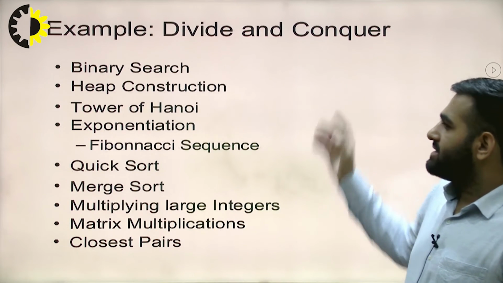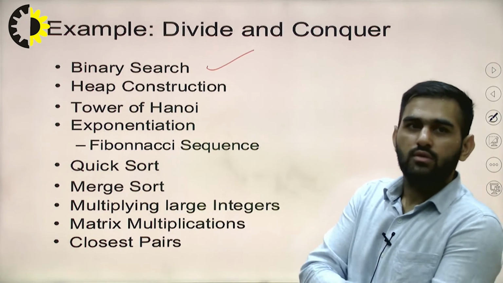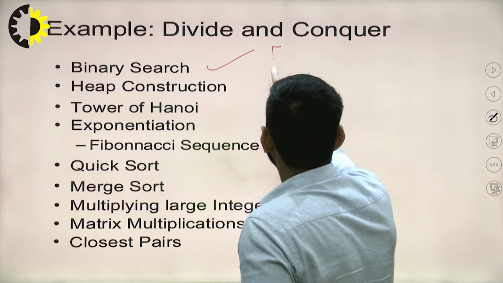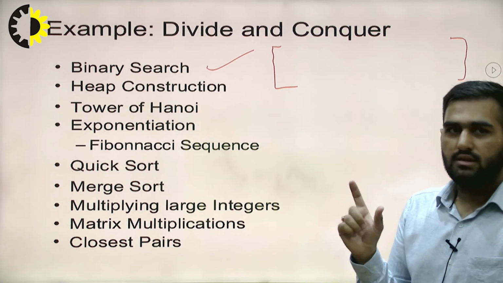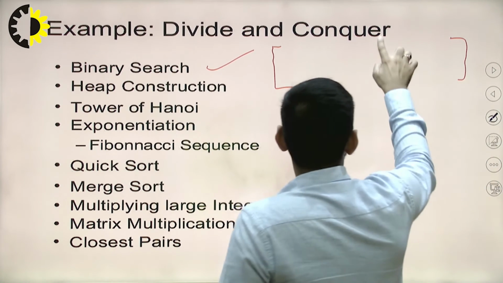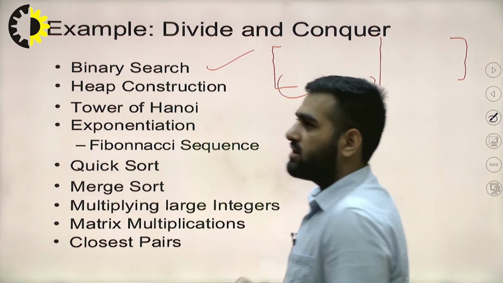Now see some examples. Examples of divide and conquer are binary search. How? In binary search we have an input array, a sorted input array, right? Now we will divide the problem into two parts and recursively check the value of the element to be searched.